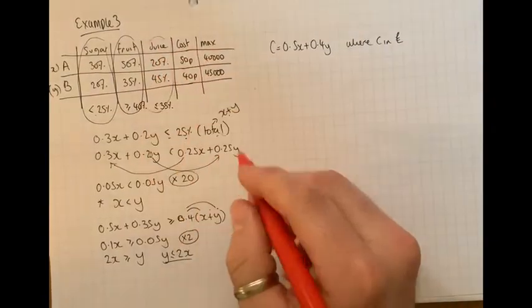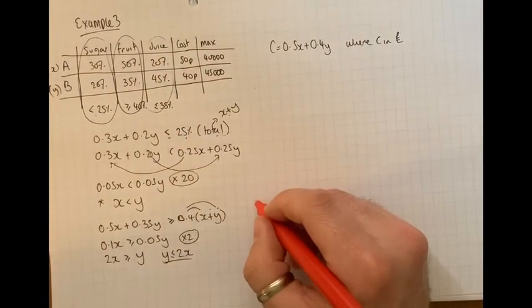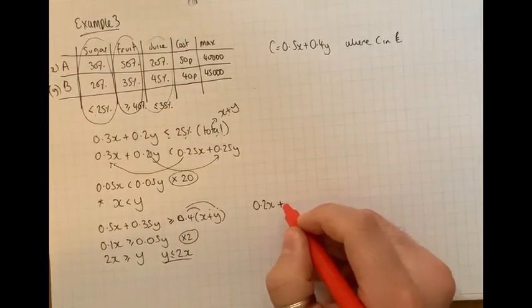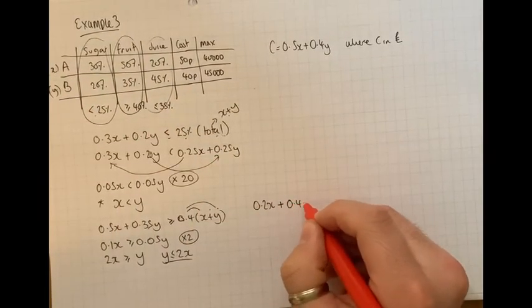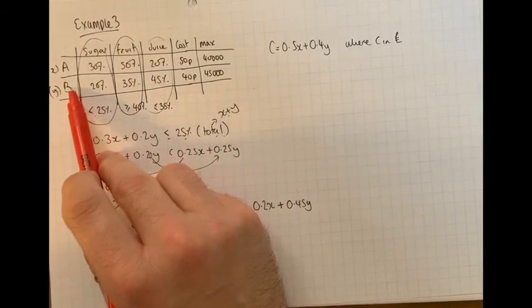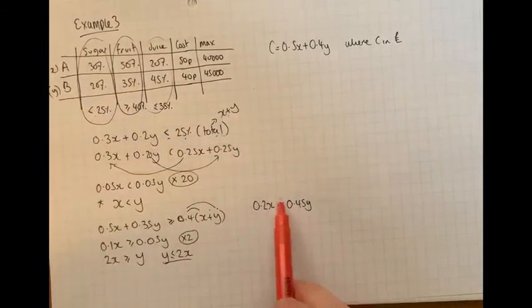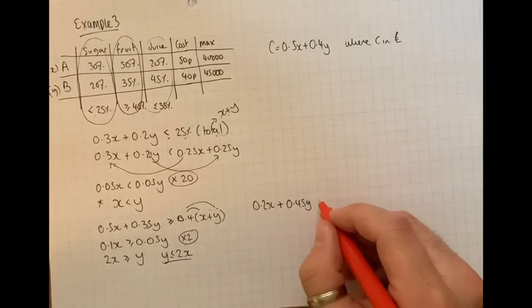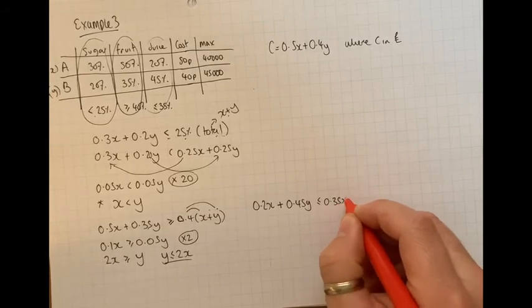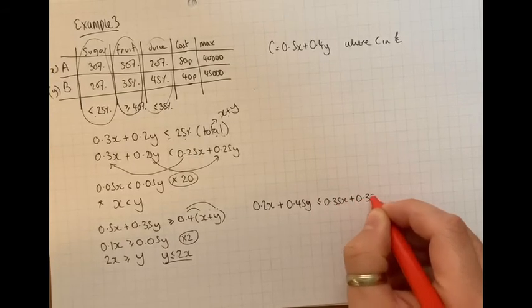Doing something similar for the juice, we've got 0.2x, 20% of x, plus 0.45y, because 45% of blend B is going to be juice. So that's your total juice. That must be less than or equal to 35% of the total. So 0.35x, 0.35y.